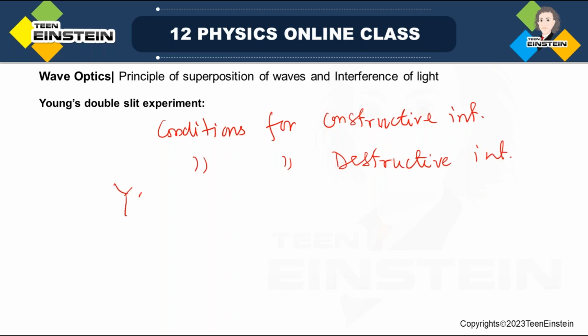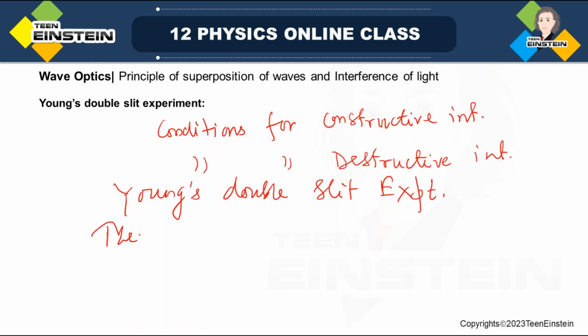then Young's double slit experiment we have discussed, and there we have found out the theory of interference fringes and calculated the fringe width.